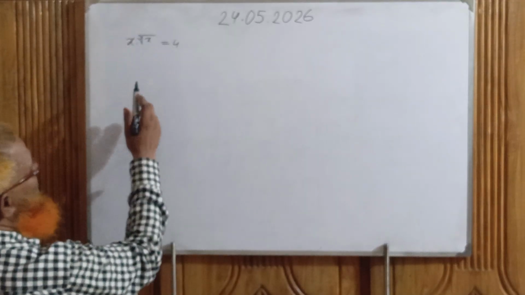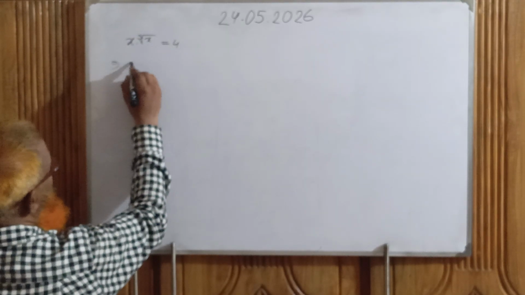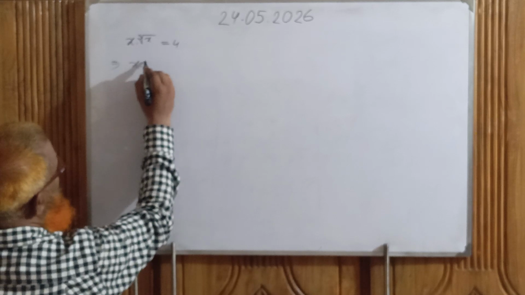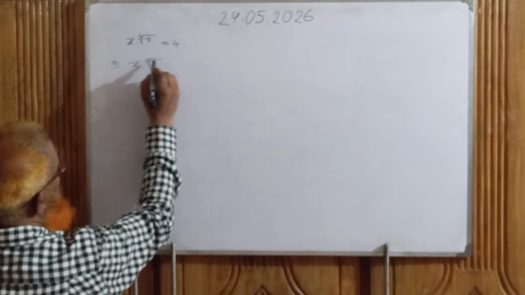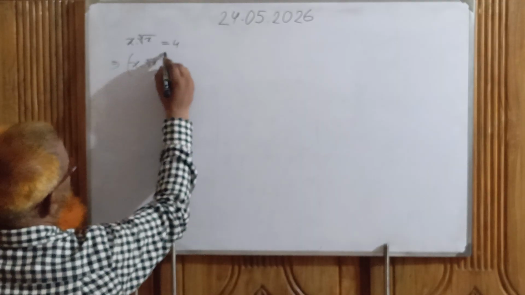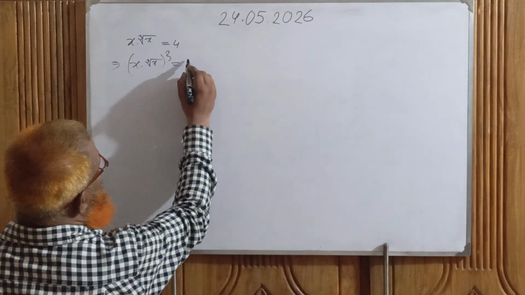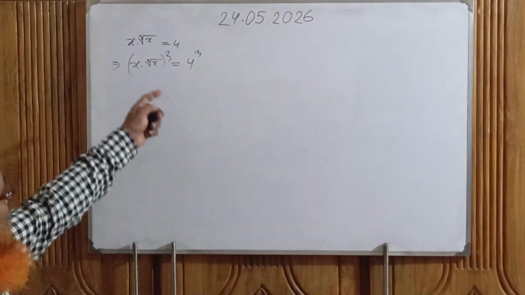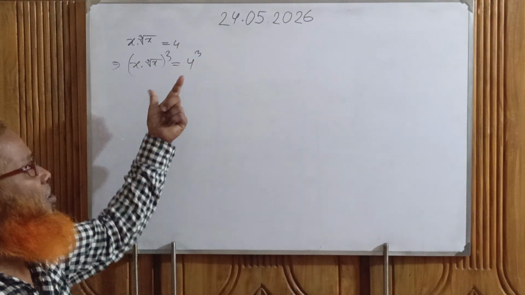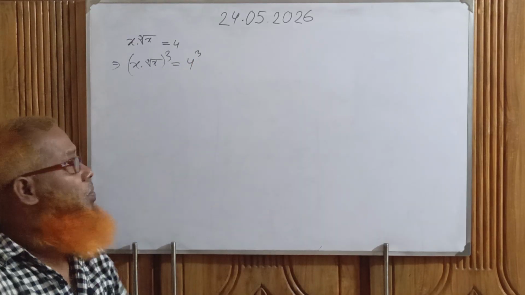This is the cube, so on both sides we have to take the cube, the power of 3. Both sides should be cubed.